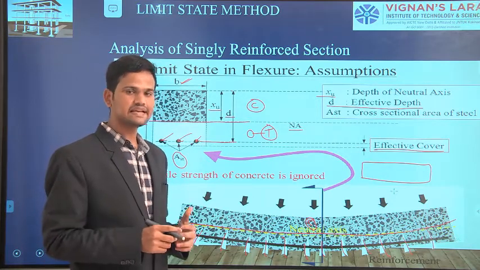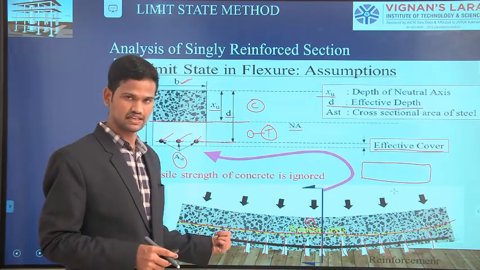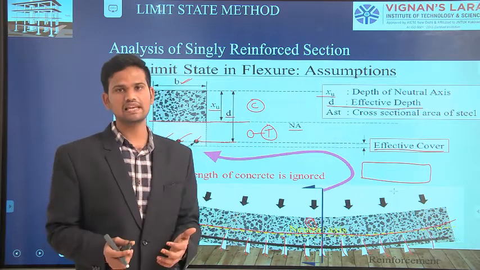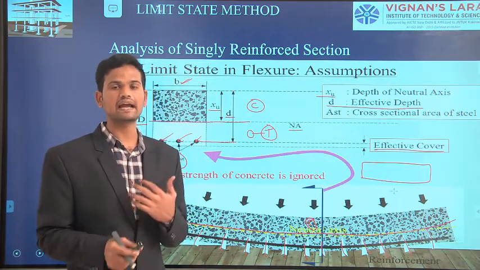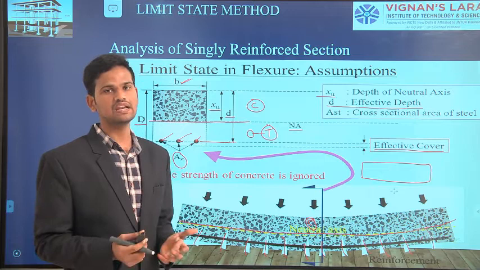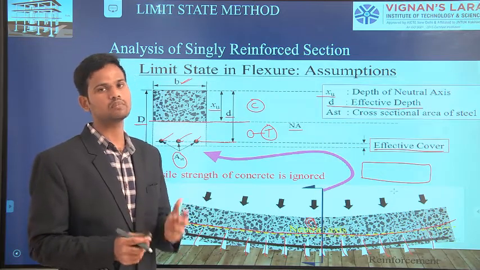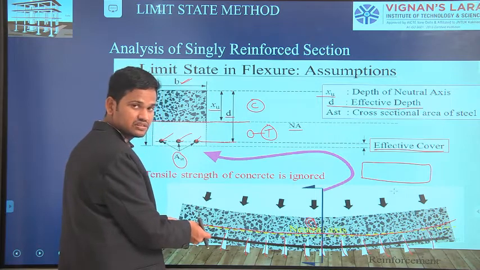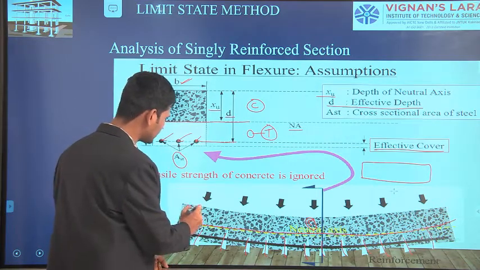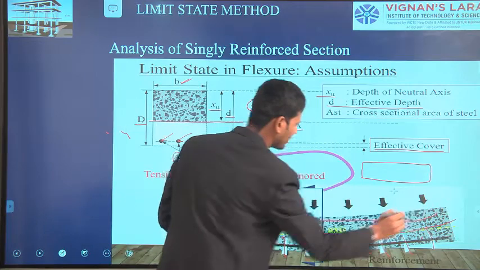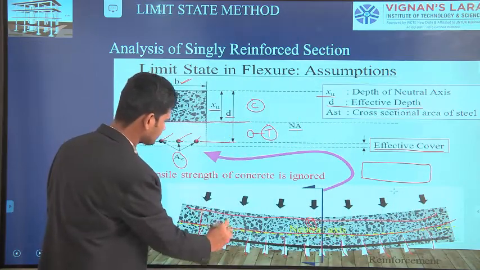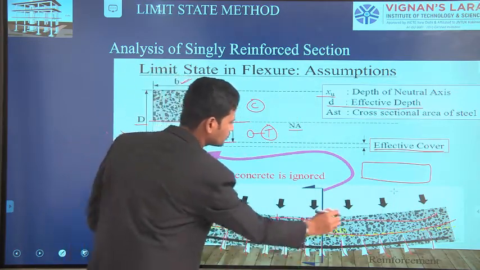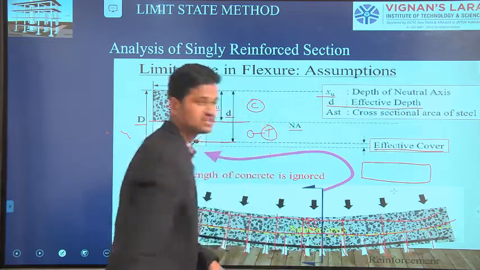For analysis and design purposes, we will say singly reinforced section, but for practical purposes we will provide the reinforcement both at the bottom and top. To resist the tension, besides the tension side steel bars, we will keep one more set of steel bars in the top direction, and by using stirrups, we will tie both the top and bottom steel bars.